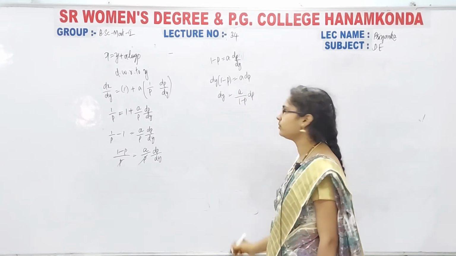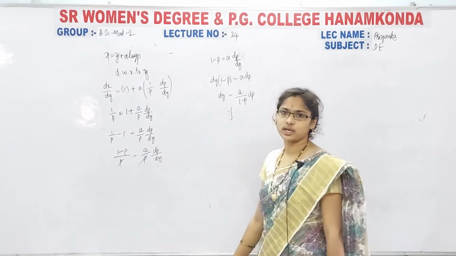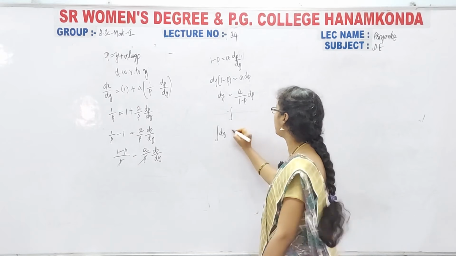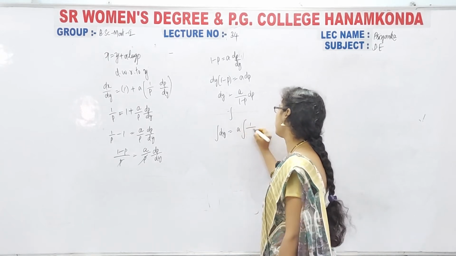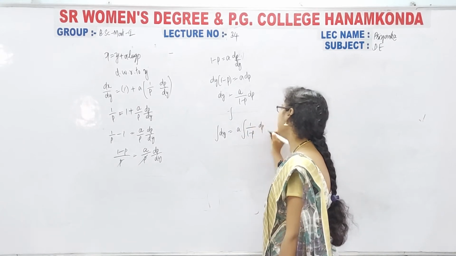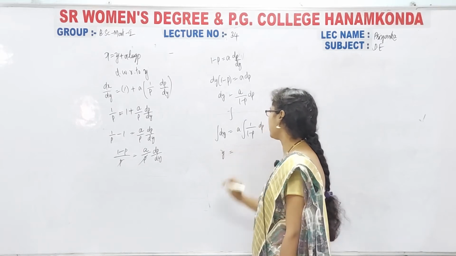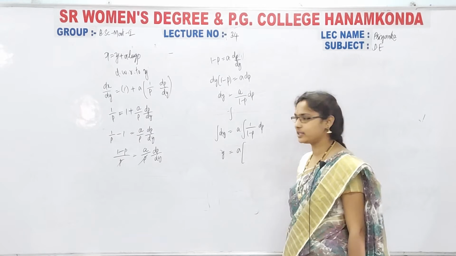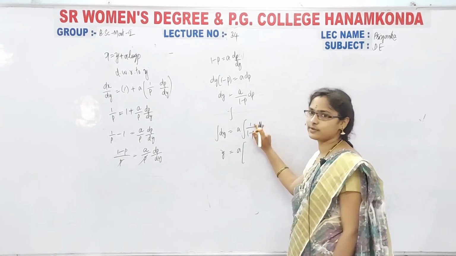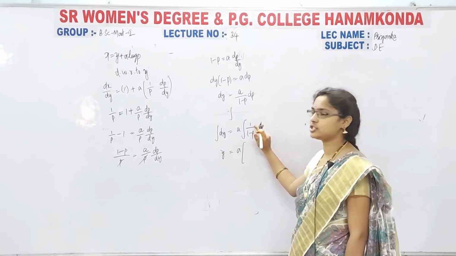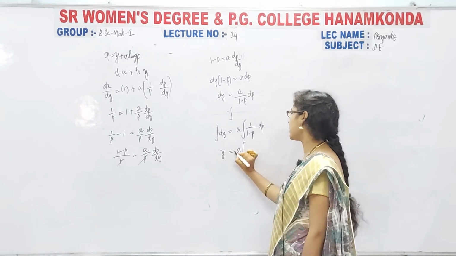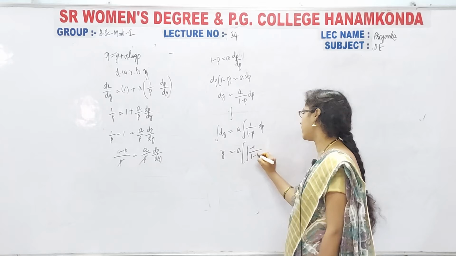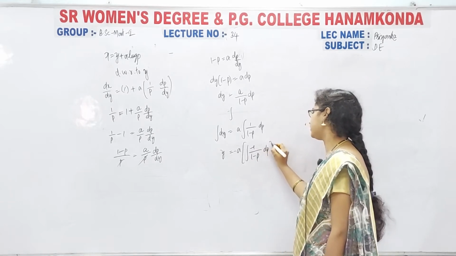Now what we have to do? Integrating on both sides. So by taking the integration, integral dy equal to a times integration of 1 by (1 minus p) dp. Now y equal to a of integration of 1 by (1 minus p), and the derivative of this is minus dp. So I don't have it, that's why I am multiplying with a minus: integration of minus 1 by (1 minus p) dp.